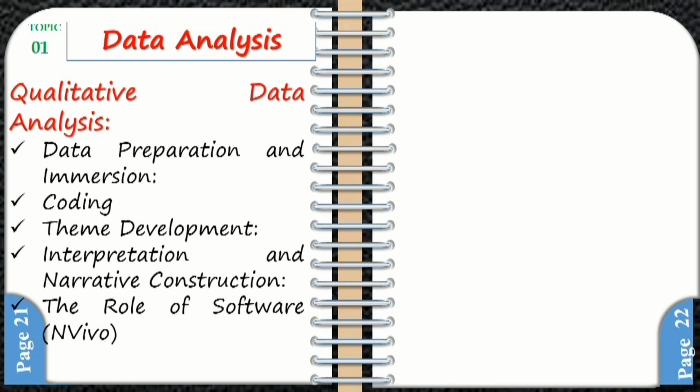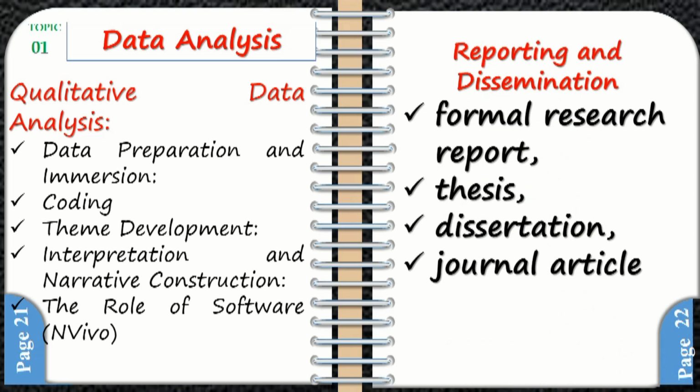After you've done that, the final stage is dissemination of the research. Before we move to dissemination, you must interpret the data. You have analyzed, you must be able to interpret the data. Then dissemination of the findings.